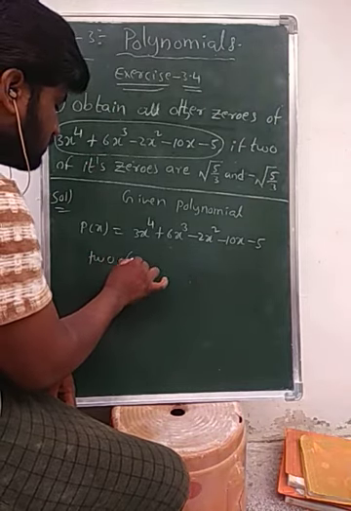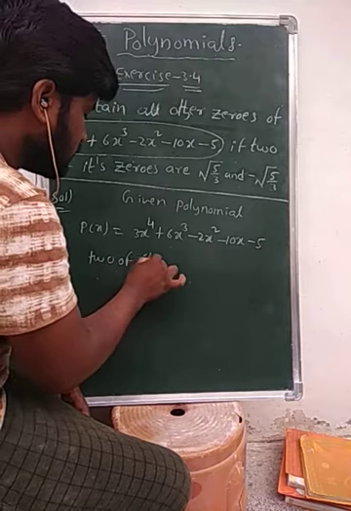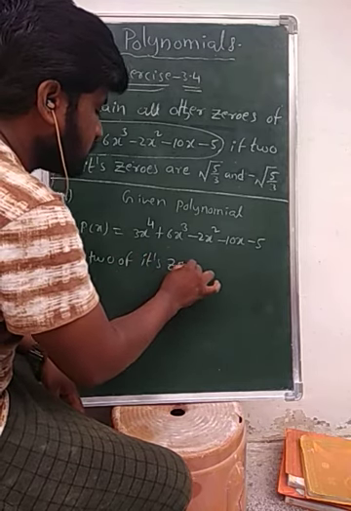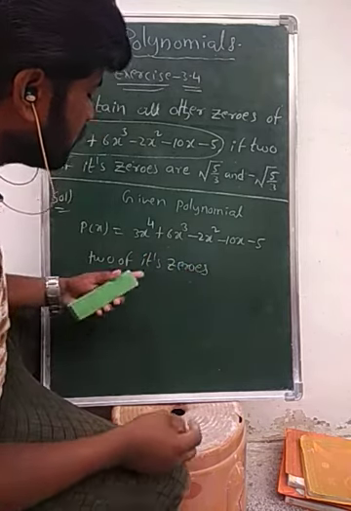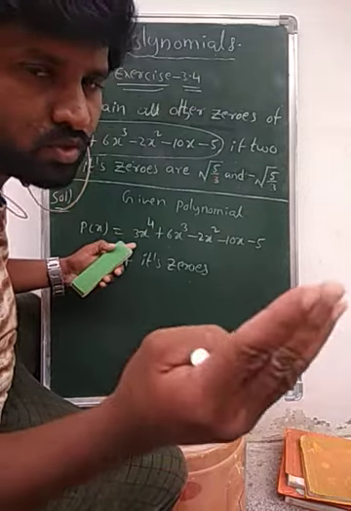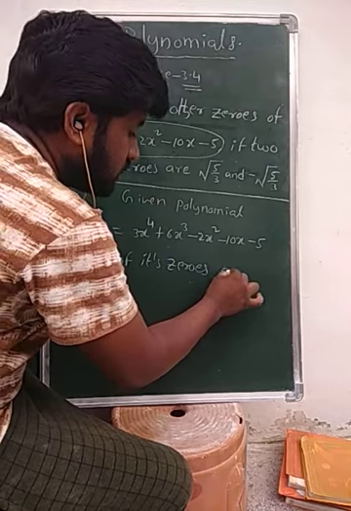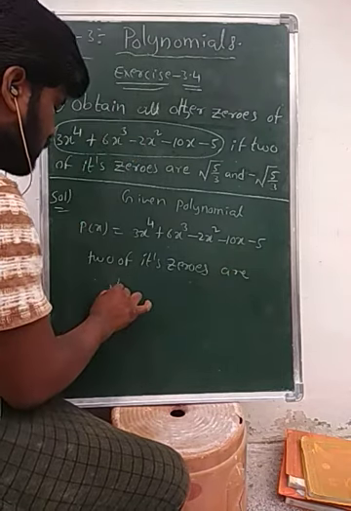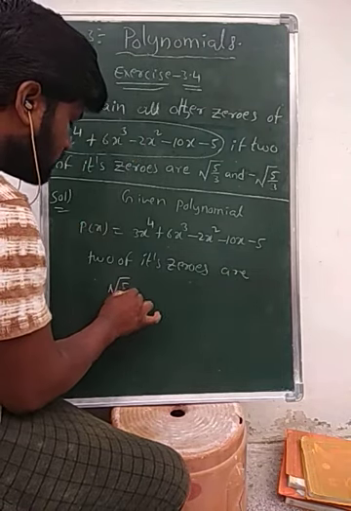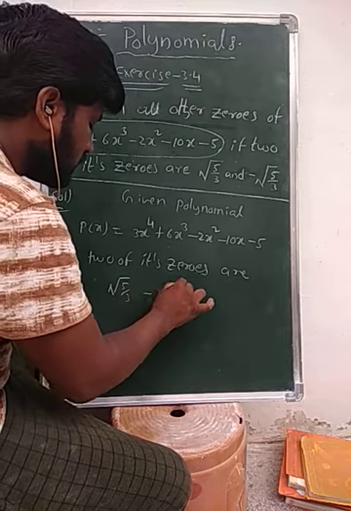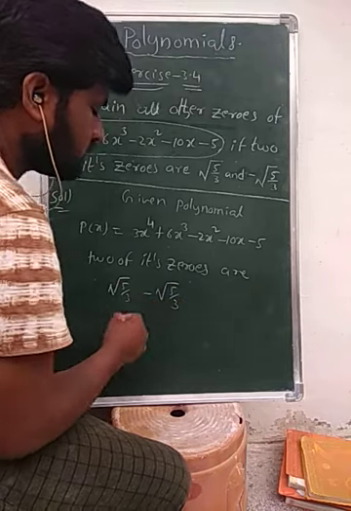Two of its zeros. Actually, a biquadratic polynomial has at most 4 zeros, but the given two zeros are root of 5 by 3 and minus root of 5 by 3.